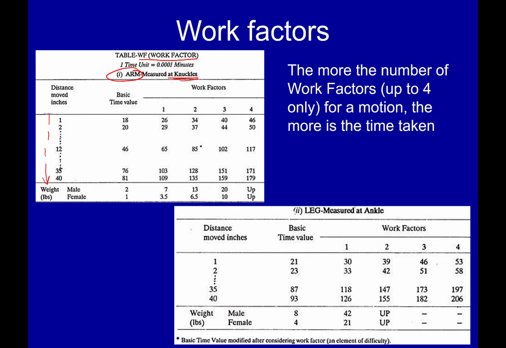Based on that, you will see for one work factor how the time is increasing with the distance traveled. This is how the basic motion time is studied. This is not used for calculating the time required to complete a job; that uses the work factor based time values, whether there is just one work factor or more.